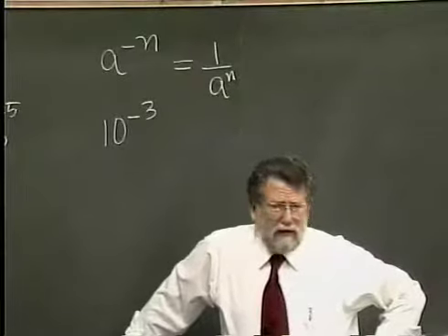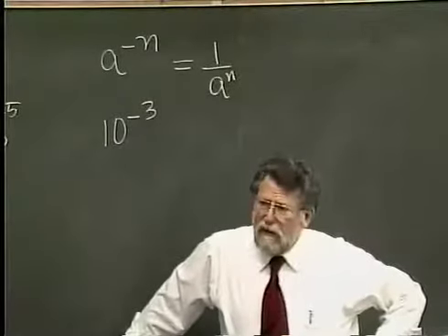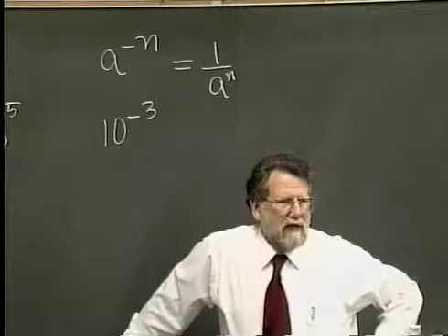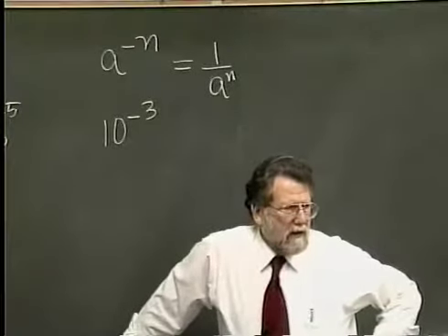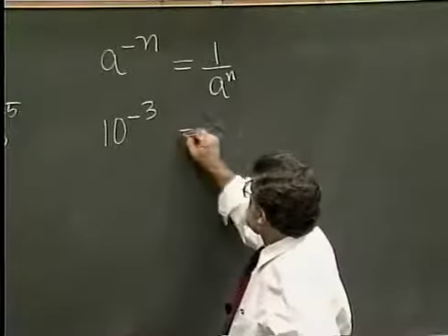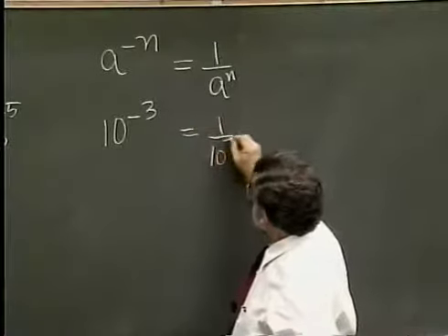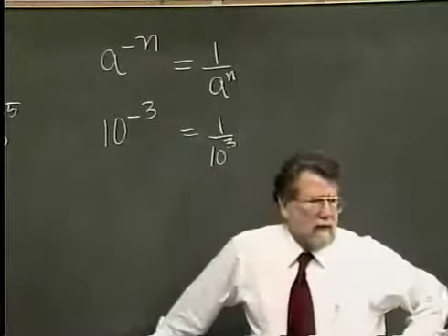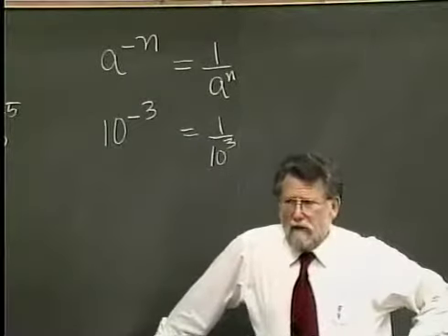When you see this, you understand that this is understood. Now, that doesn't give you understanding per se in the sense of, I know why it's done. It's just, that's the agreement we make. 10 to the minus 3, therefore, means we agree as 1 over 10 to the third. Now, there are some things that motivate it.